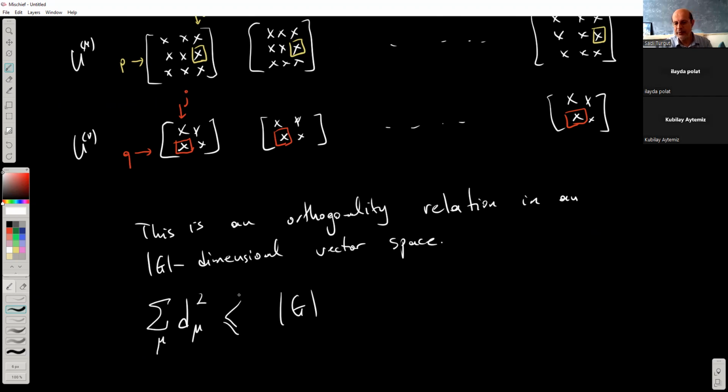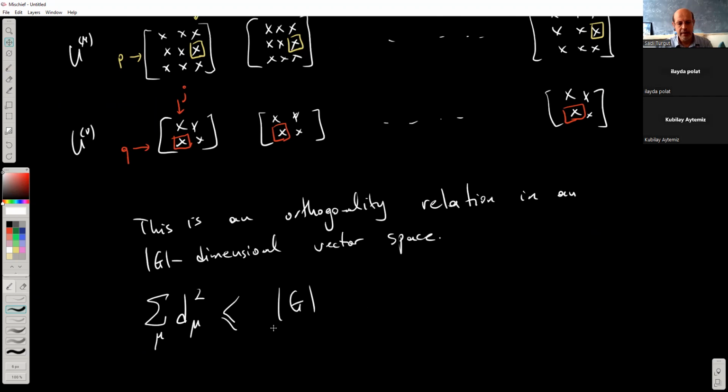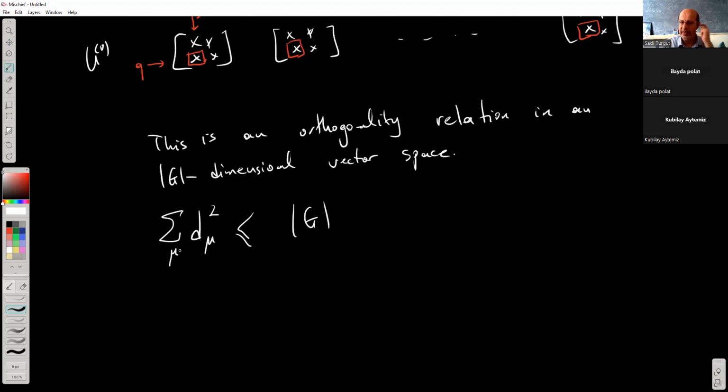Later we are going to show that it's actually an equality, but right now we cannot show this. But this tells you one important thing: there can be only a finite number of irreducible representations, because if I have an infinite series in here, the left-hand side can never be finite. There's only a finite number of irreducible representations, and the sum of their dimension squares is bounded by the order of the group.